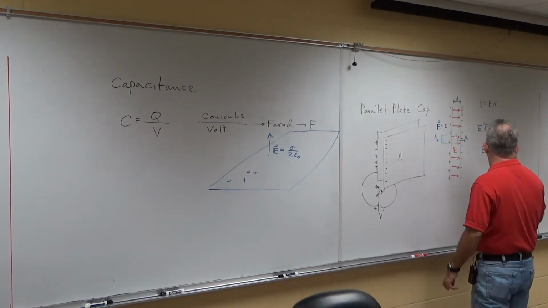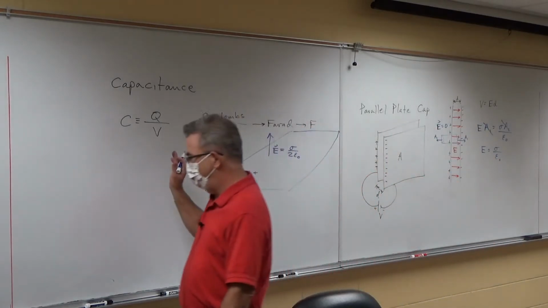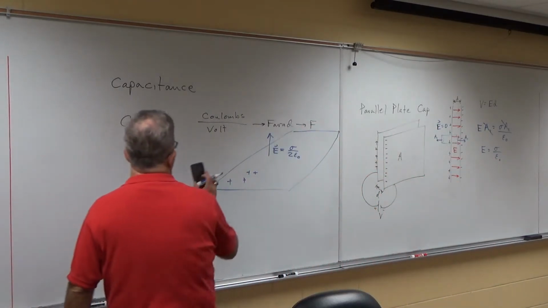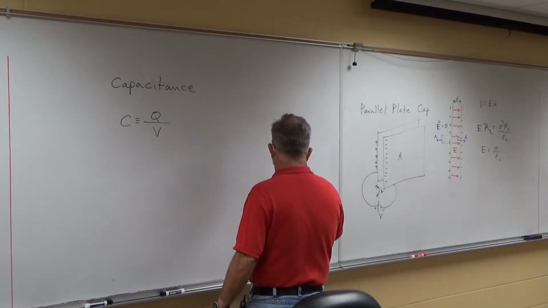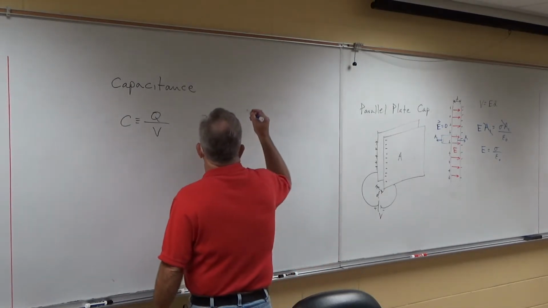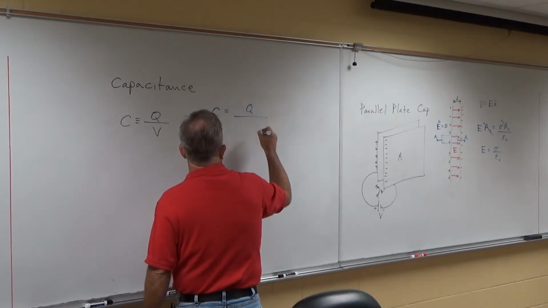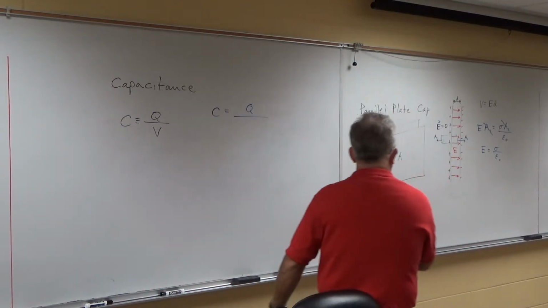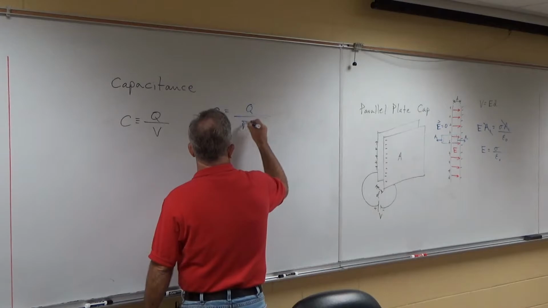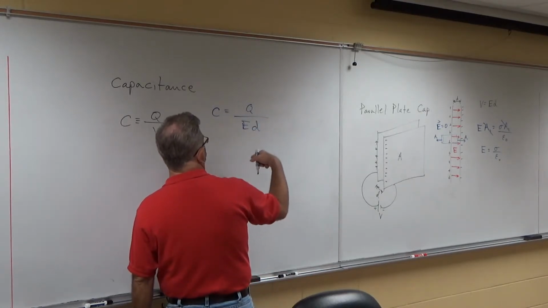C is equal to Q over V. That's the capacitance: C is equal to Q over V. V is equal to E D. So Q over E d.